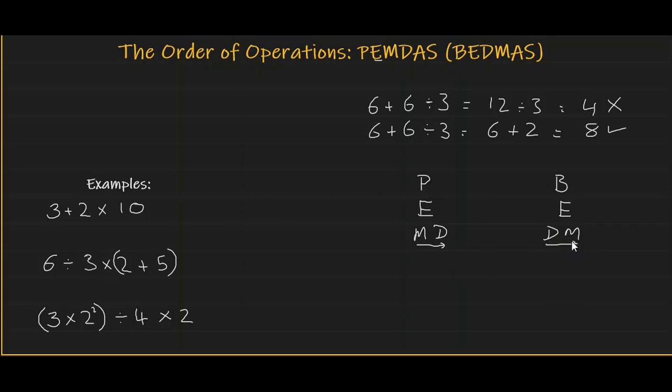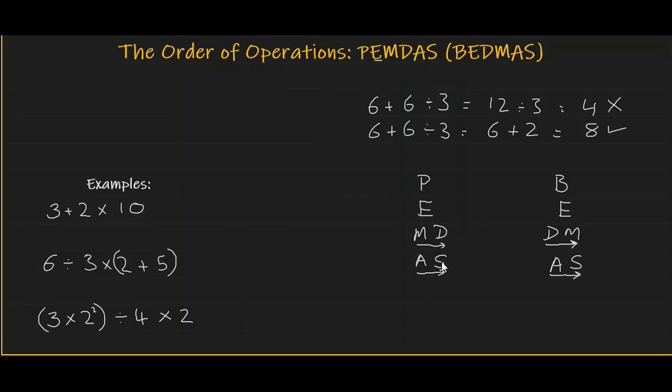And after that, you have addition and subtraction, same thing. You go left to right. So this essentially is the order of operations: parentheses or brackets, exponents, multiplication, division, addition, subtraction.